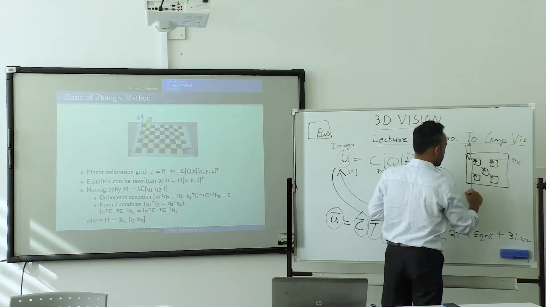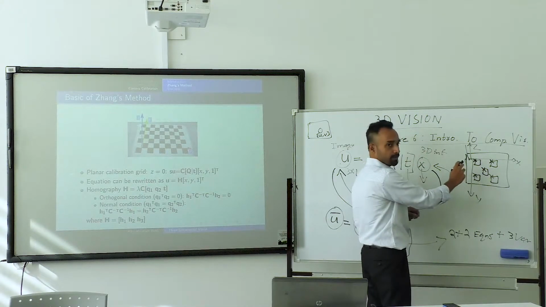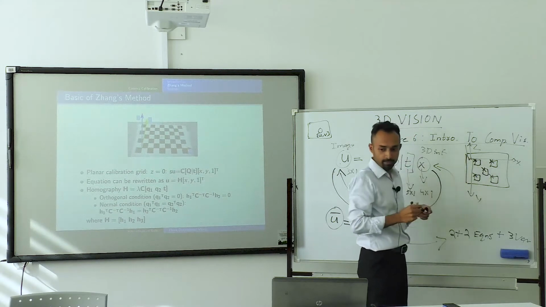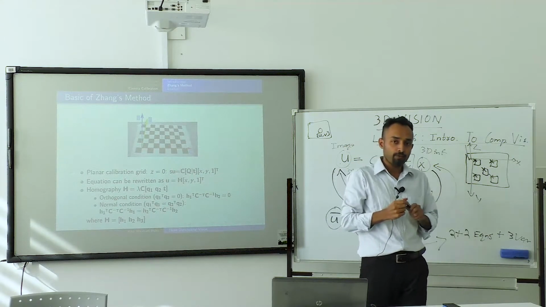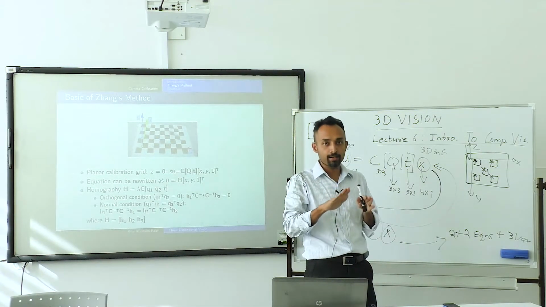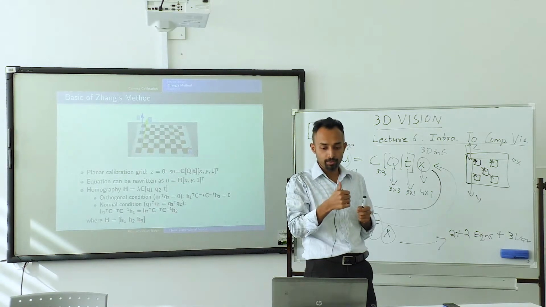This is X, this is Y, and this is Z. So you know the relative position of these 3D coordinates with respect to this coordinate system. And since it's a planar board, the Z axis coordinate will be 0.